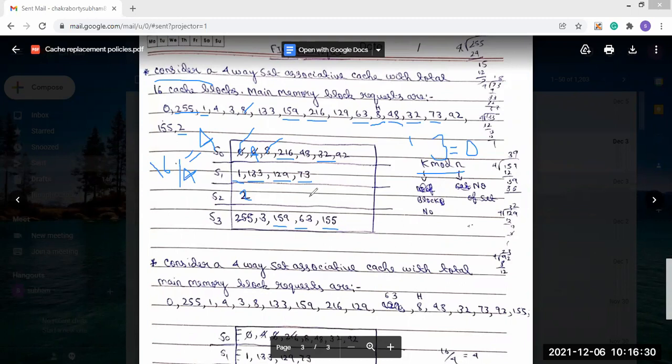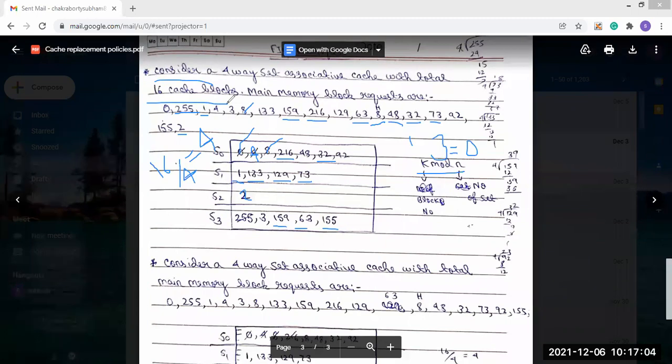So note down that first in the problem it will be mentioned which type of associative, that means which type of mapping. Then 16 cache blocks are mentioned. Sometimes it will mention that the cache is capable of storing 16 words, but here in the problem it is given as 16 cache blocks. That means our cache is capable of storing 16 cache blocks.